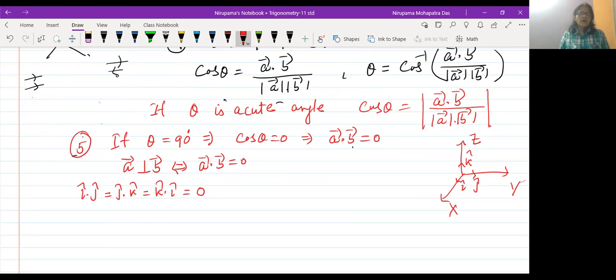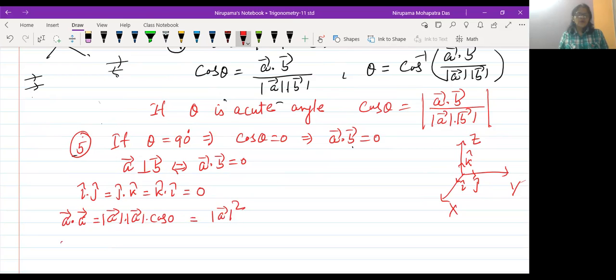Okay. And suppose for example, for any vector A, if I write A dot A, it is magnitude of A into magnitude of A into cos 0, cos 0 equal to 1. So you are getting A dot A equal to magnitude of A square.